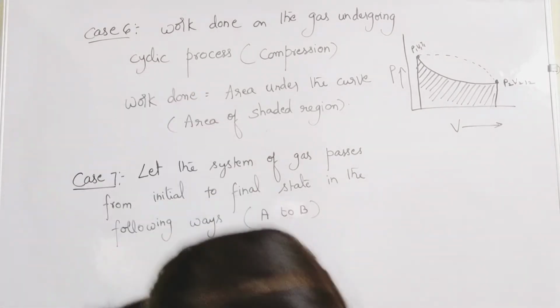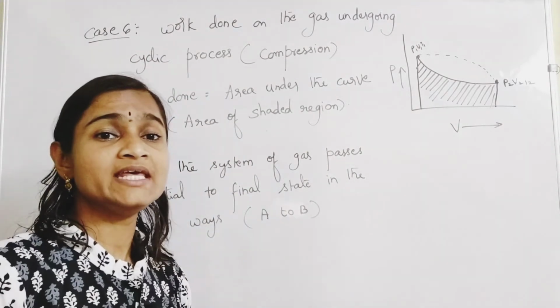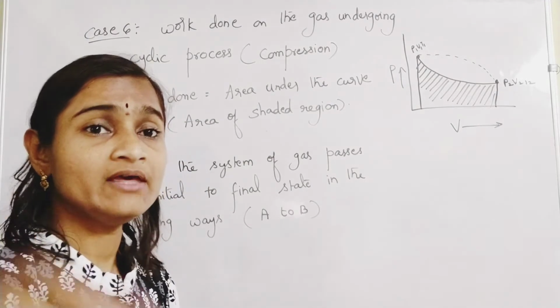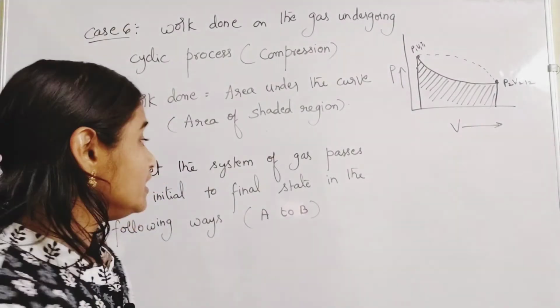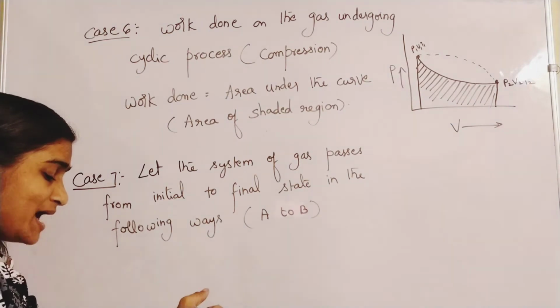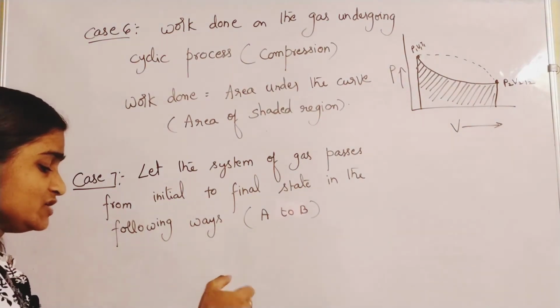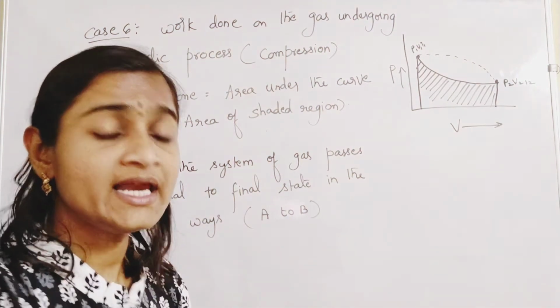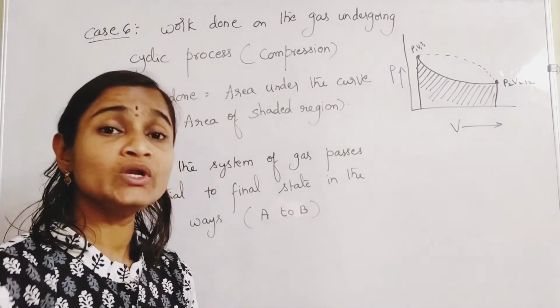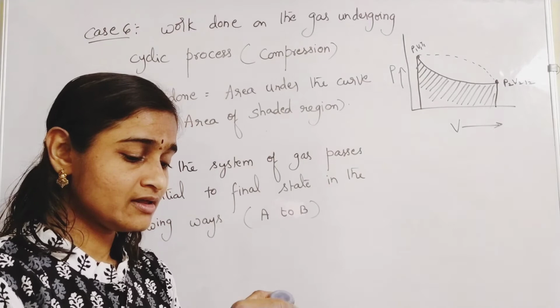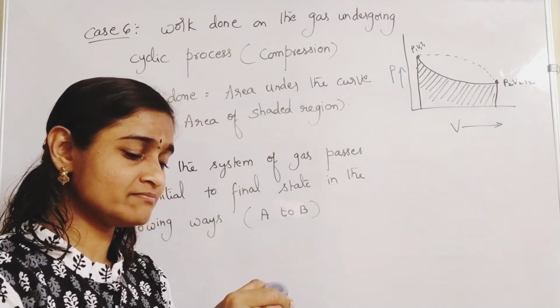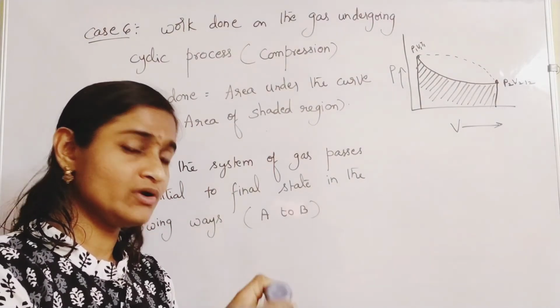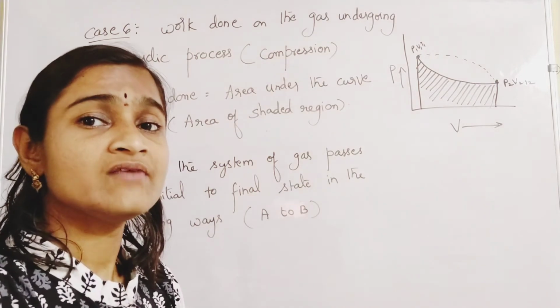So case 7 is, suppose the system of gas passes from initial to final state in 3 different ways as shown in the graph itself. 3 different graphs are given.